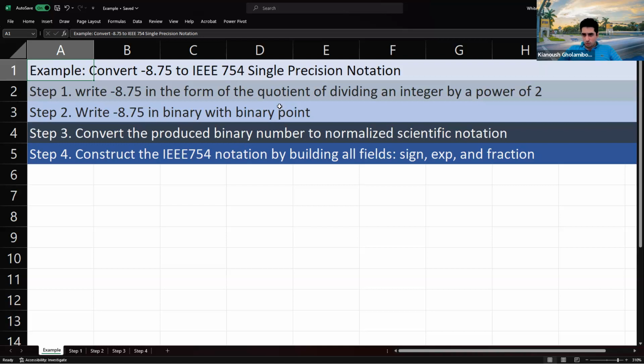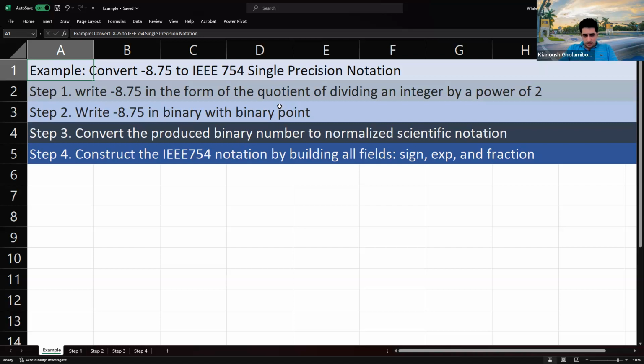You may have heard of normalized scientific notation in other classes, like in physics class, for representing very big numbers or very small numbers close to 0. However, here the normalized notation is a little bit different because it's in base 2. Other than that, it's very similar to the one that you learn in your calculus or physics class, which was base 10, or decimal.